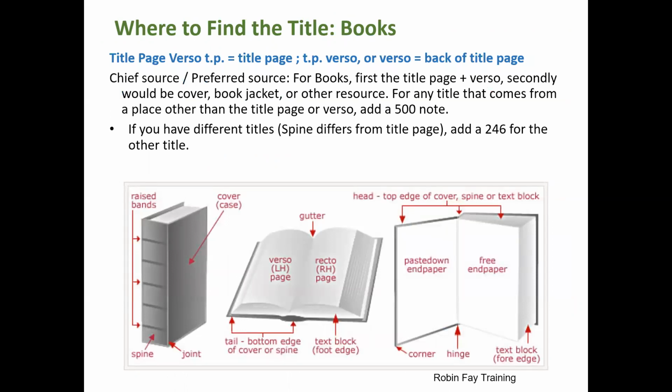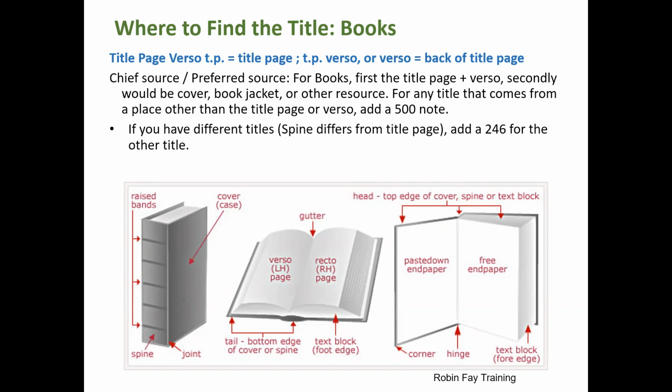For books, we take the information from the title page, if one exists. The title page verso is the back of the title page. That's where we are taking our information from, the title page itself and the back of it. There is actually a defined list in RDA guidelines that tells you where to look for things, and I've put them here.